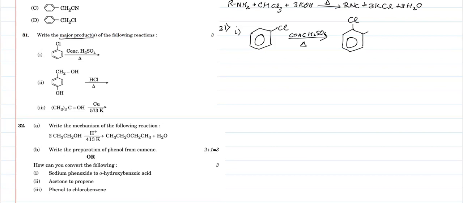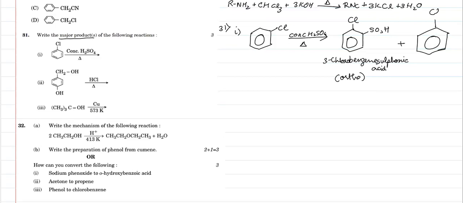So first, the ortho product is going to be this one, which is 2-chlorobenzene sulfonic acid. This is possibility number one, and this is the ortho product. The other one is obviously going to be the para product, and you have a Cl and then the SO3H.